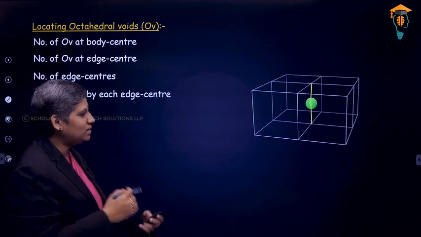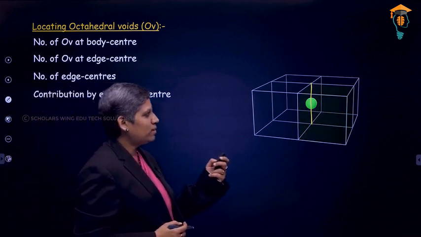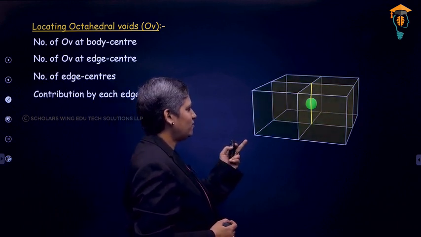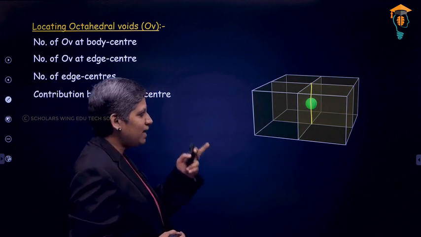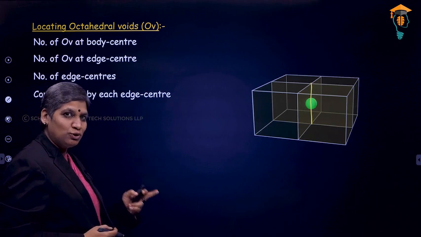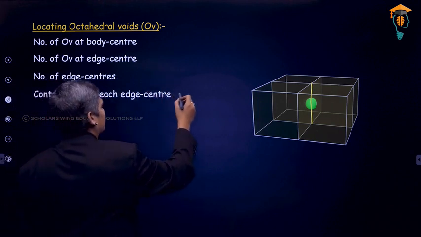Isn't it, my dear? In other words, 4 cubes. Look, 1 here, 1 at the back, 1 more there at the back, and 1 here at the front. So since this is shared by 4, what is the contribution made by one particle to one unit cell? Isn't it 1 by 4, my dear?